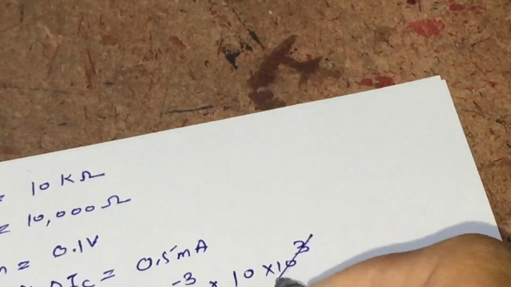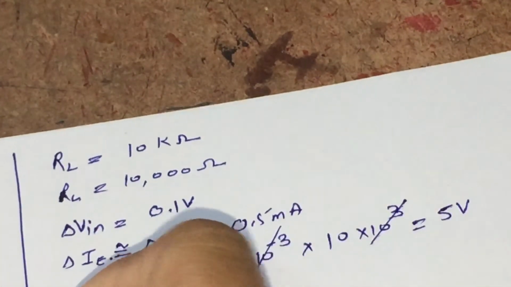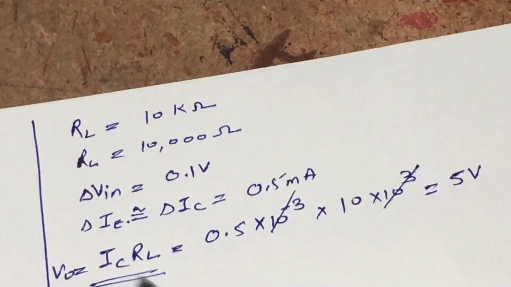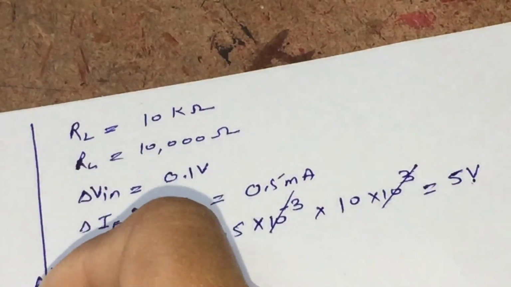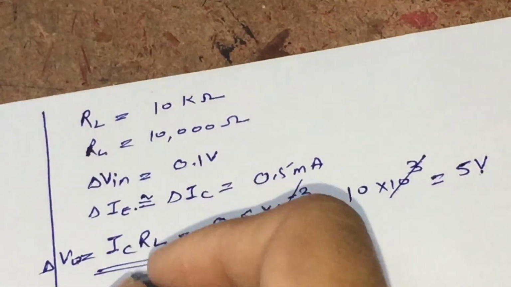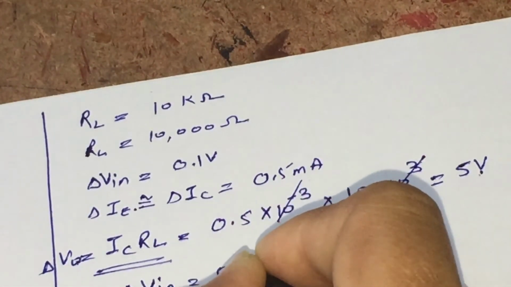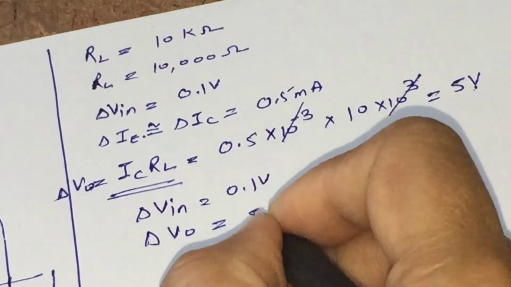We will have the output voltage comes out to be 5 volt. This is our output voltage, that is 5 volt. If output voltage is 5 volt, it means this is a change in the output voltage. When change in the input voltage is 0.1 volt, there is a change in the output voltage of 5 volt.